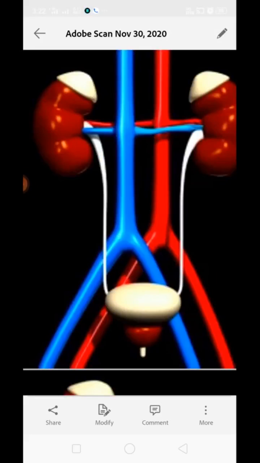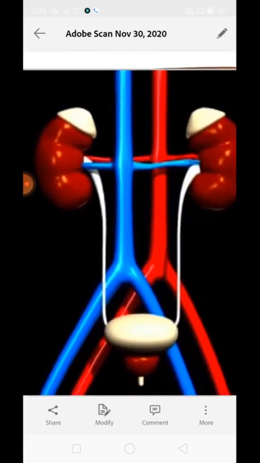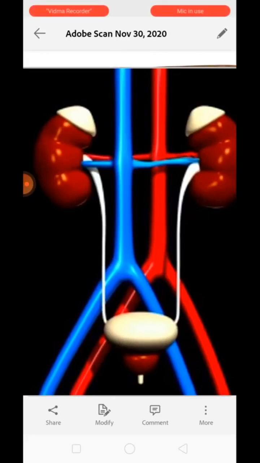These are brown colored bean shaped organs. We have a pair of kidneys, present on either side of the backbone in the abdominal cavity. Each kidney has a large number of coiled tubules called nephrons.